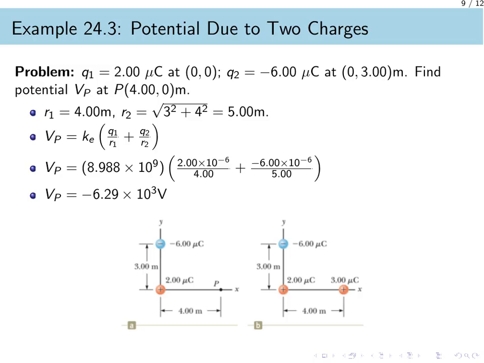The distance to the first charge is 4 meters, and the distance to the second charge is 5 meters, which we find using the Pythagorean theorem. Applying the superposition principle, we add the potential from each charge. By plugging in the charge values, distances, and the Coulomb constant, we find the total potential at point P is negative 6.29 times 10 to the third volts.